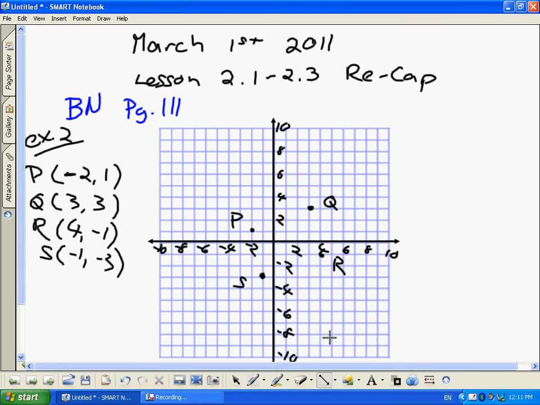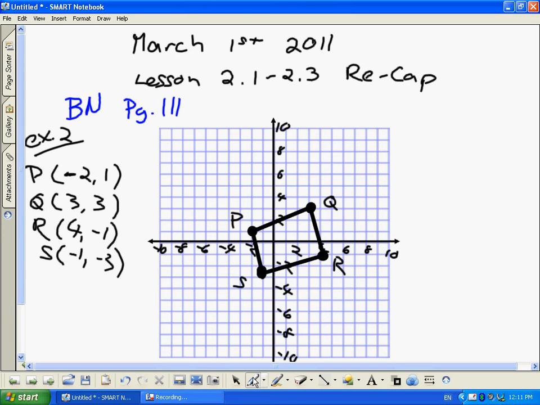So we have our points. Going to create a parallelogram. That's about right. It's a little off, but there's our parallelogram.